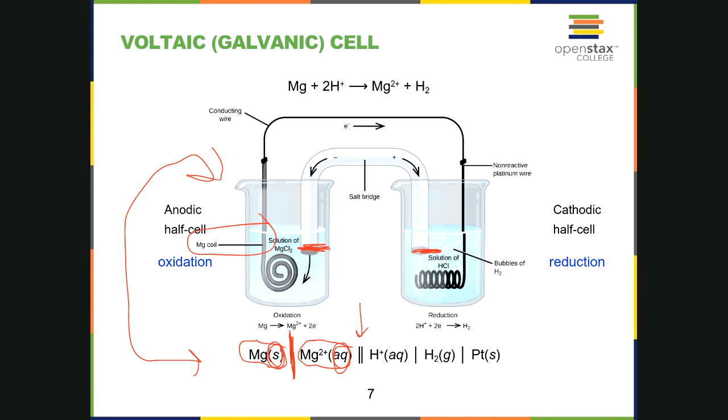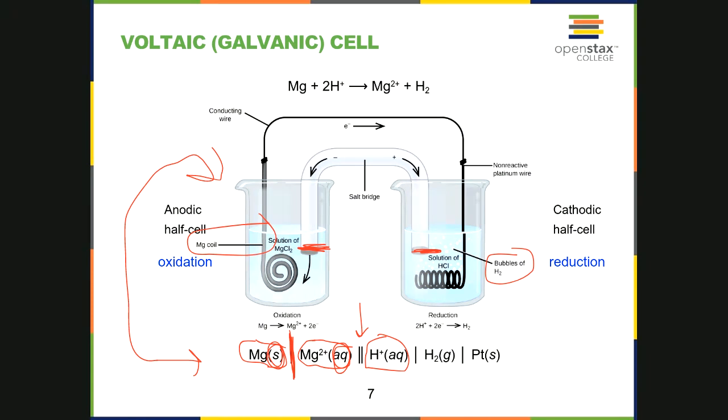Then once we get into the cathode side, over on the right side, we're going to have a hydrogen ion that's dissolved in water. So it's H+ (aq). And then I drew the reaction out before that you're going to be producing bubbles of hydrogen gas.